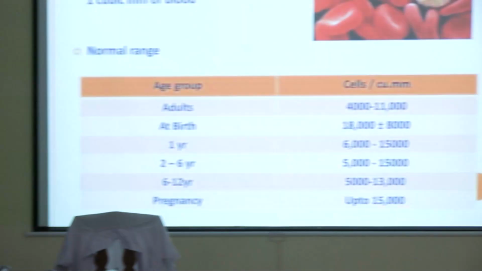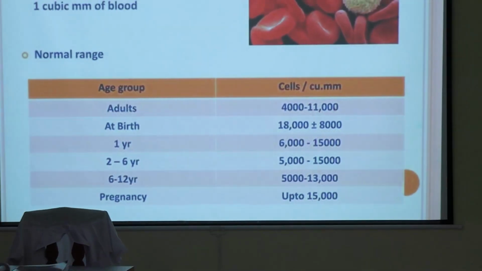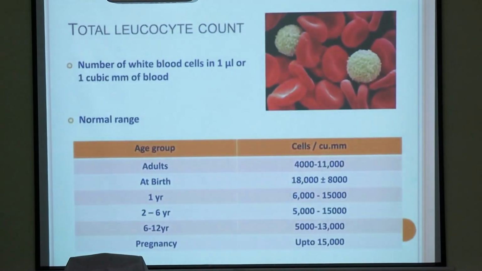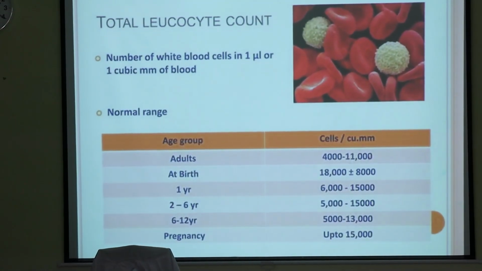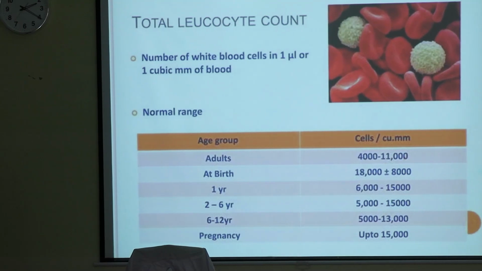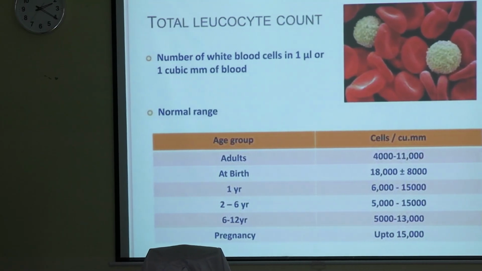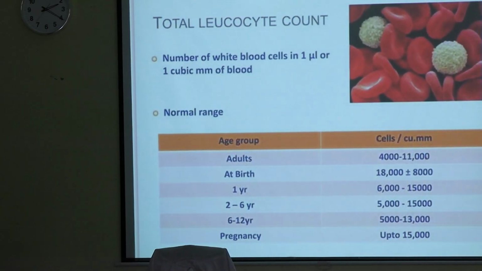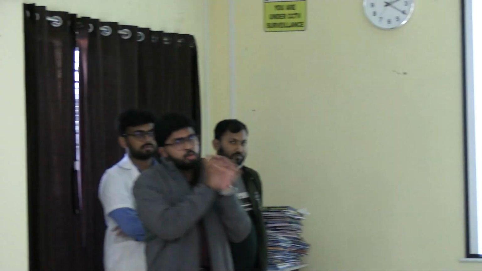So what is the total leukocyte count of our body? It is basically the number of cells that is present in 1 cubic mm of blood. The 1 cubic mm of blood of a person contains this many WBCs, and that is the total WBC count, or the total leukocyte count.